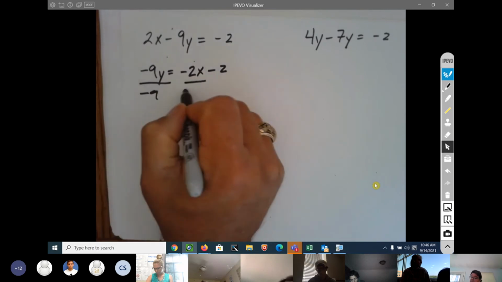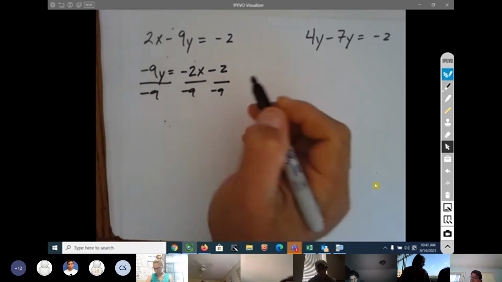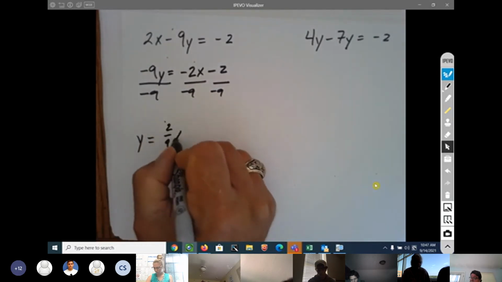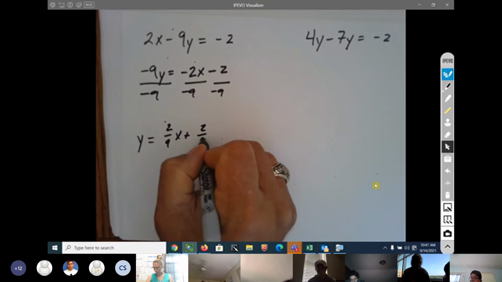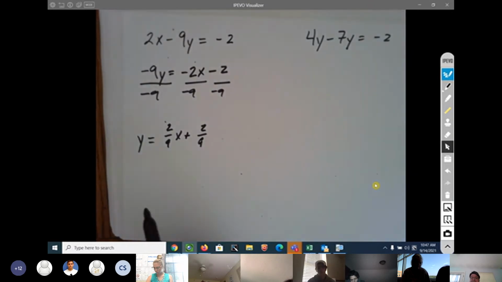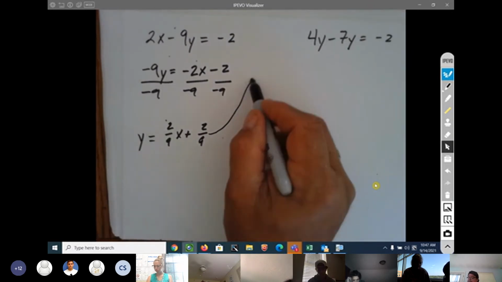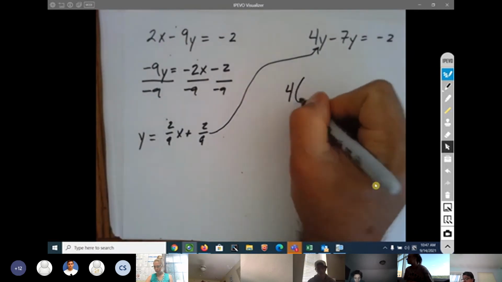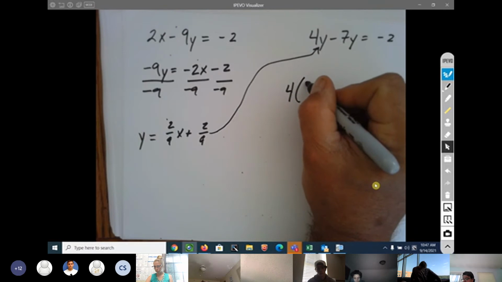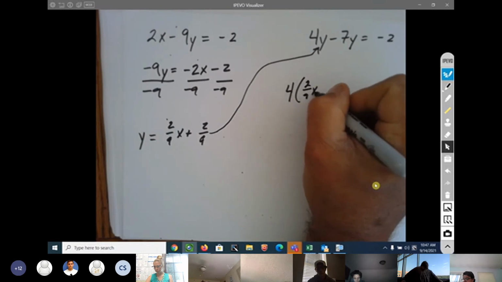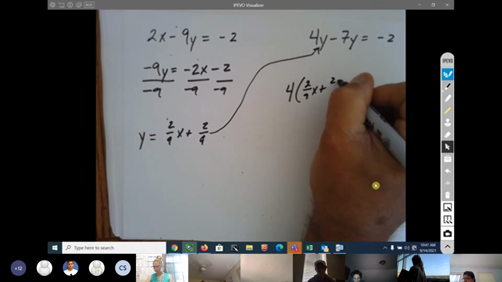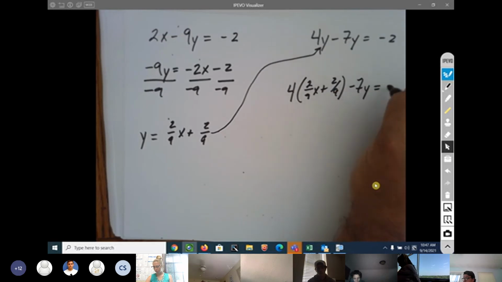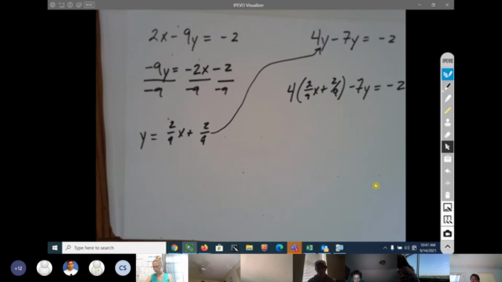Divide by negative 9. Y is equal to 2/9 x plus 2/9. And I take that and plug it into that right there, and I get 4 times 2/9 x plus 2/9 minus 7y is equal to negative 2.